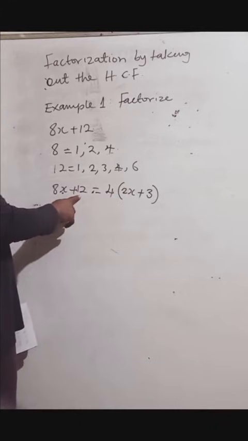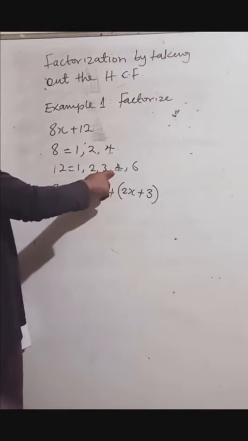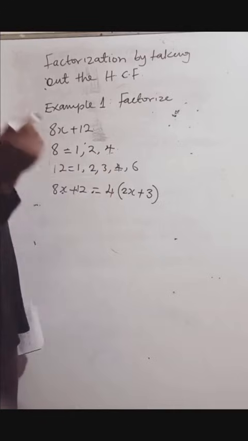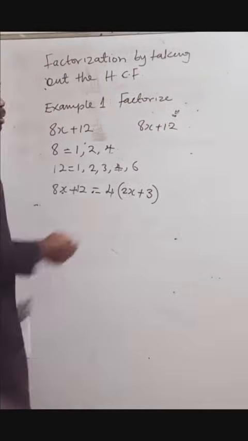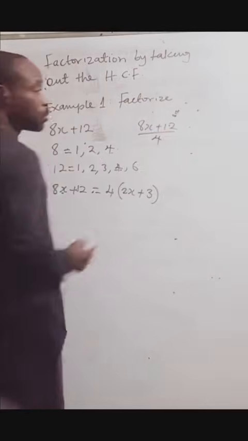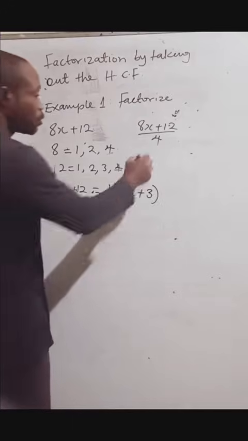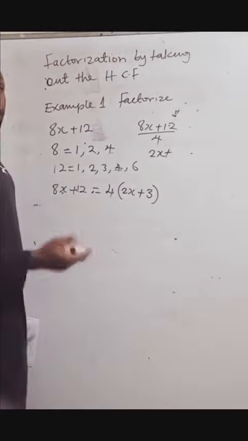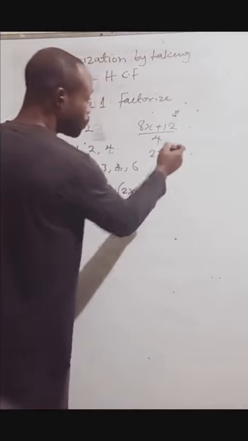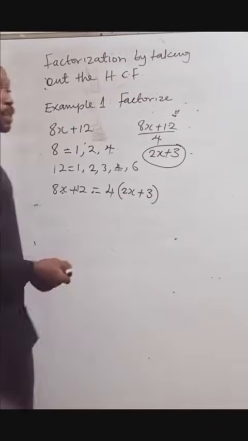Let me look for a simpler way to explain this. Alright, now let's look at it this way. We have a common factor of 4, right? So I'm going to use 4 to divide 8x plus 12. So 8x divided by 4 is going to give us 2x. Plus 12 divided by 4 is going to give us 3. So we are going to take this as a factor of 8x plus 12.